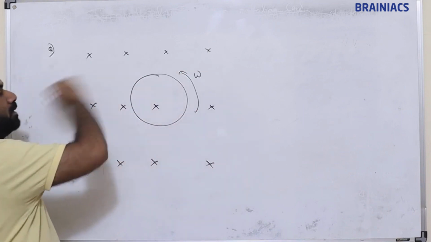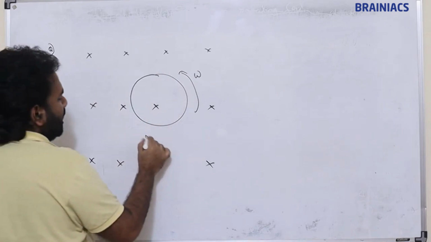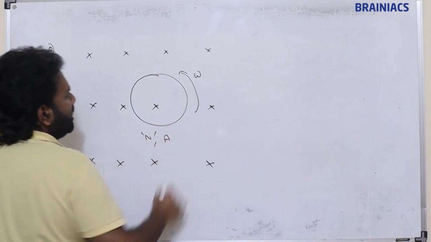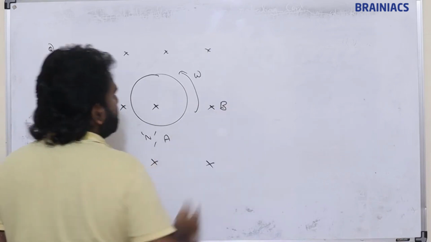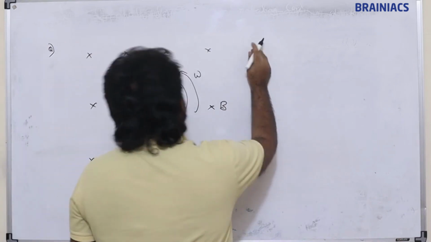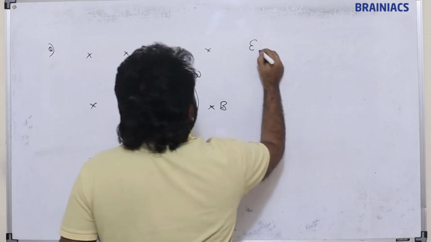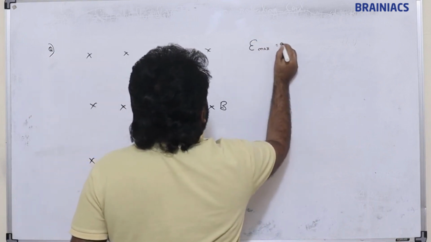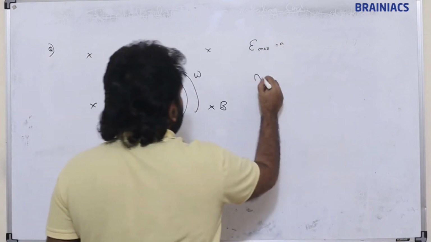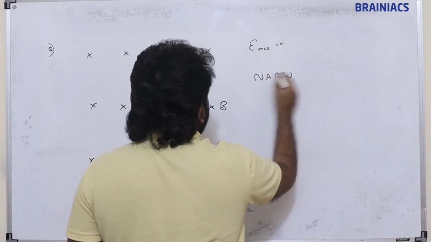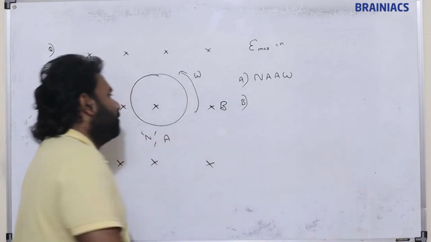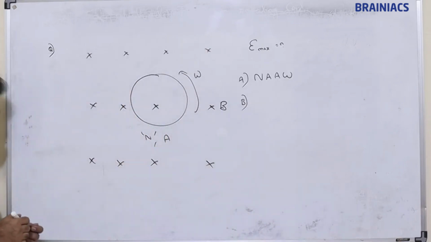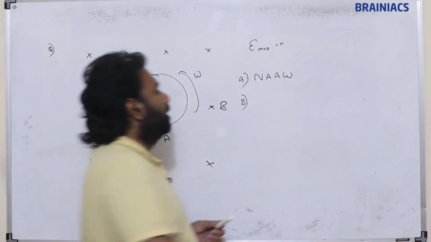If it has n turns, area is A, and this magnetic field value is this, then what is the maximum EMF? Can we write NBA omega? Is it correct or is it something else? What is your answer?